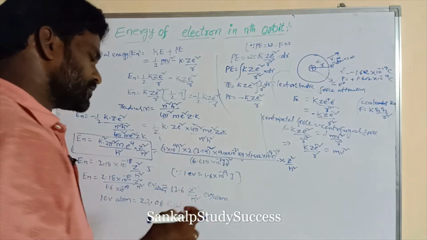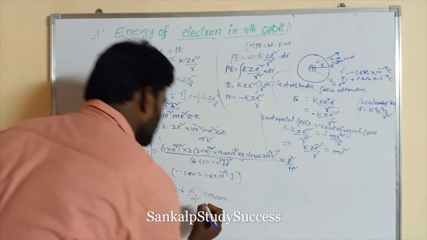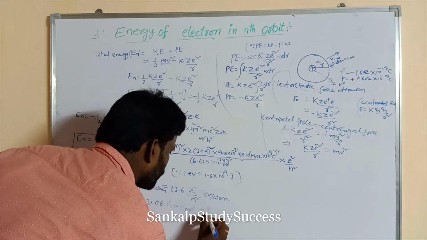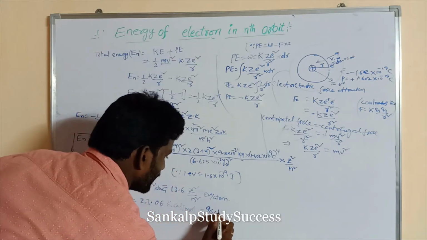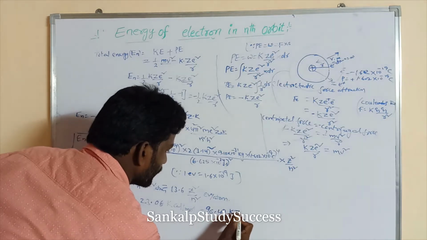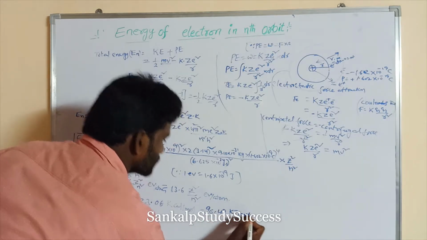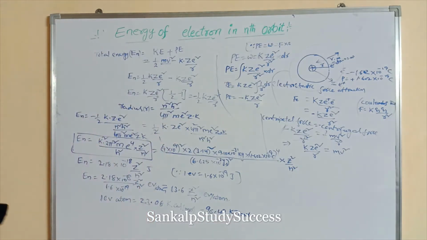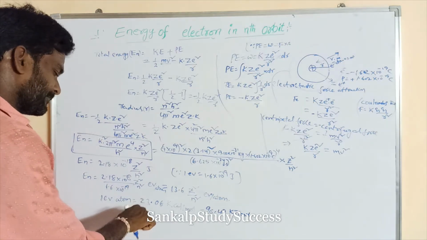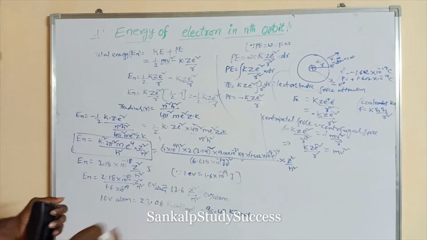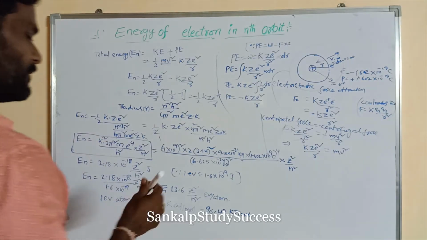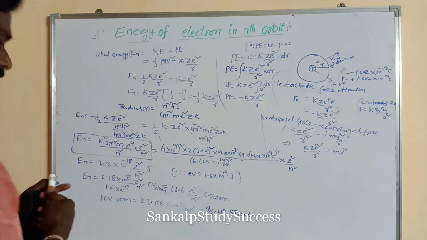If you want kilojoule per mole, its value is 96.49 kilojoule per mole. So 1 electron volt per atom is equal to 23.06 kilocalorie per mole, which is equal to 96.49 kilojoule per mole.